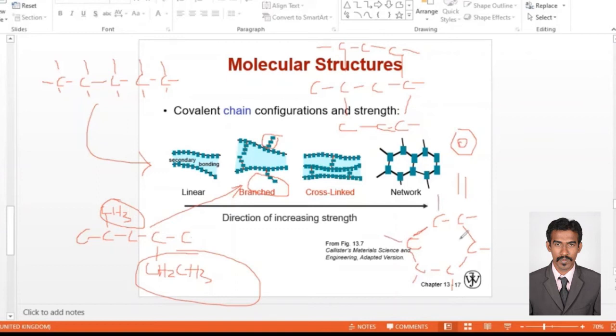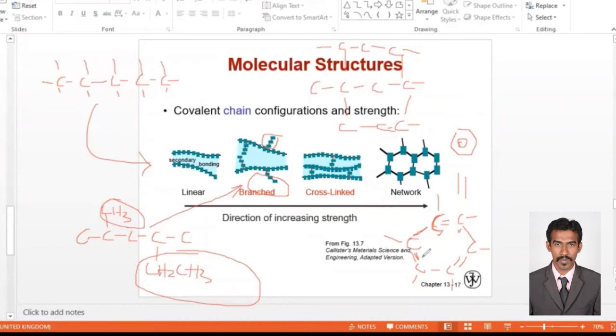And then I will have a bond between this. Now you check each carbon. I will take this carbon: 1, 2, 3, 4 bonds. This carbon: 1, 2, 3, 4 bonds.